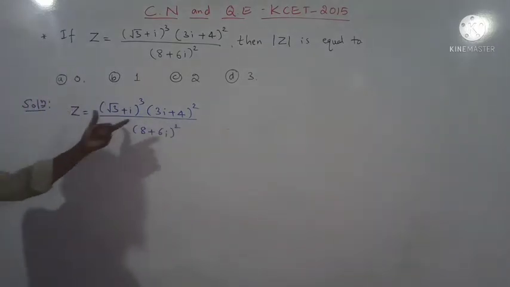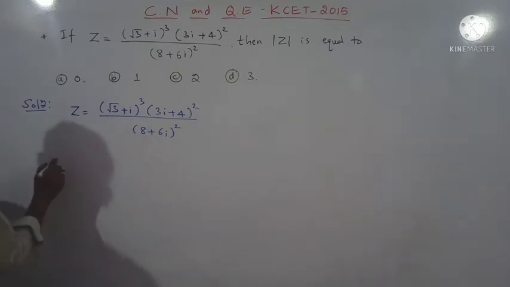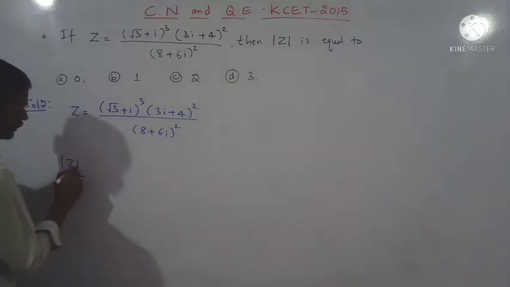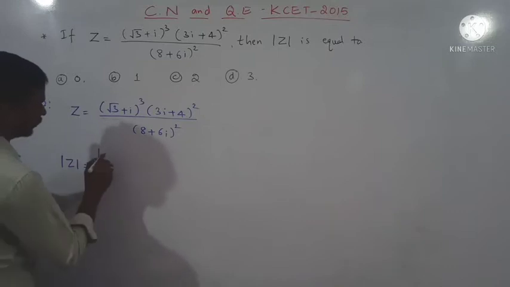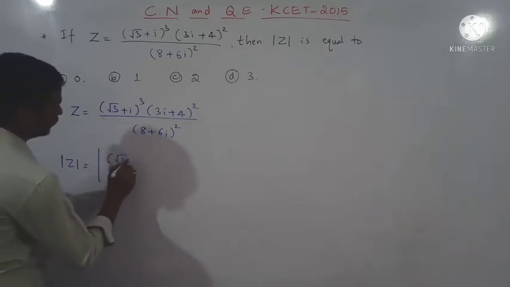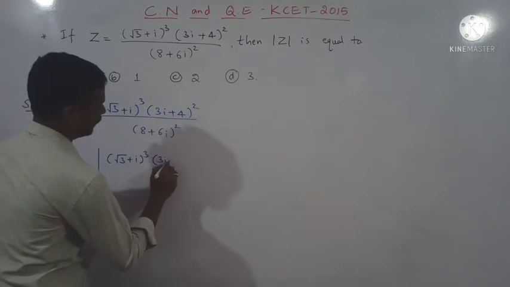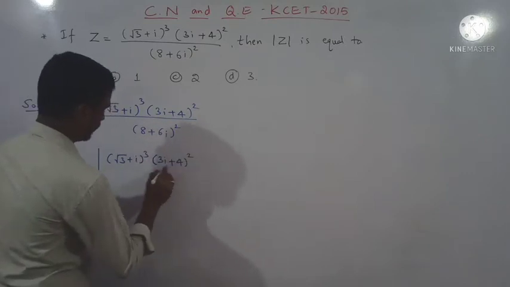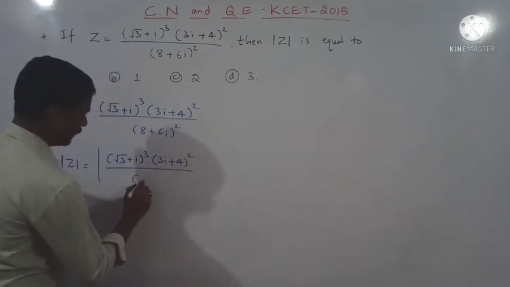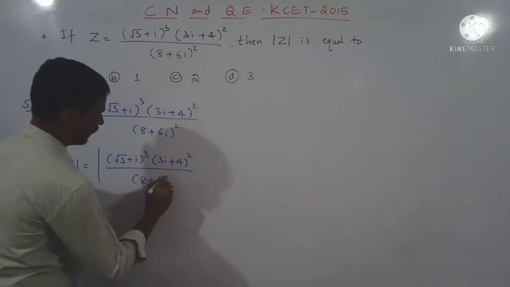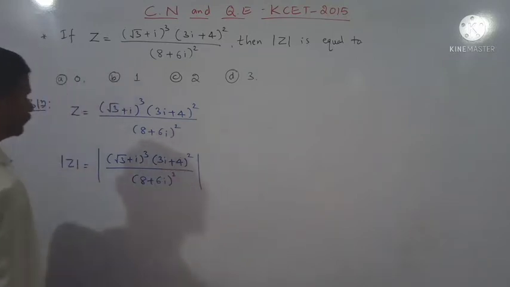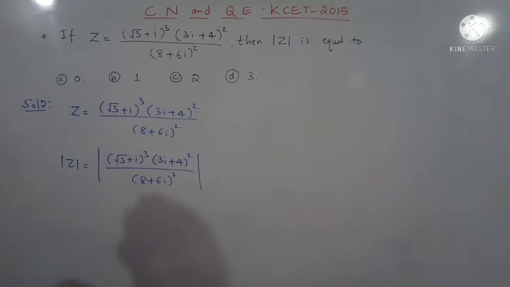Now taking modulus on both sides, we get mod z equals modulus of this term as it is, (root 3 plus i) whole cube into (3i plus 4) whole square, whole divided by (8 plus 6i) whole square. We have put modulus on the complete numerator and denominator.